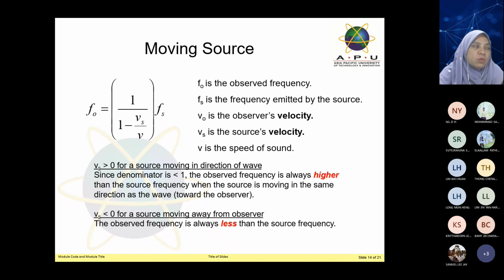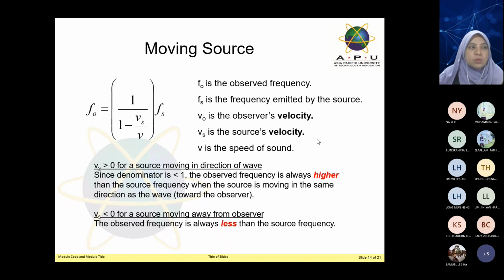So for the moving source, we have this formula for the Doppler effect. fo is the observed frequency. To calculate the observed frequency, fo = 1 / (1 − vs/v) × fs. vs is the source velocity and v is the speed of sound.